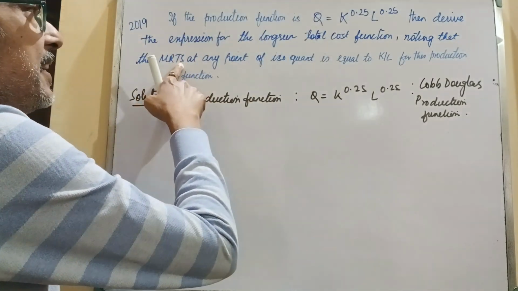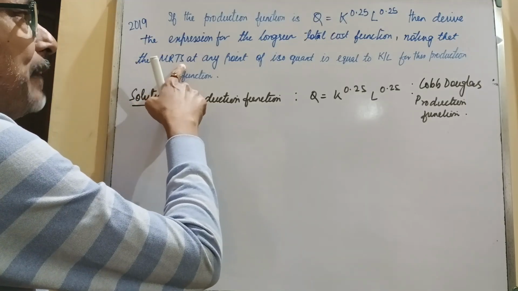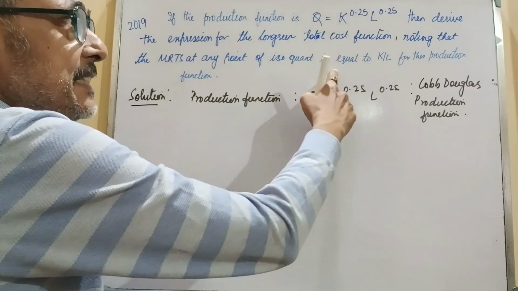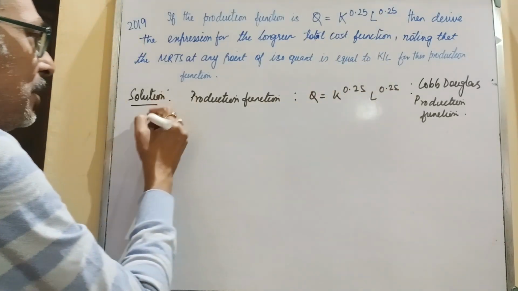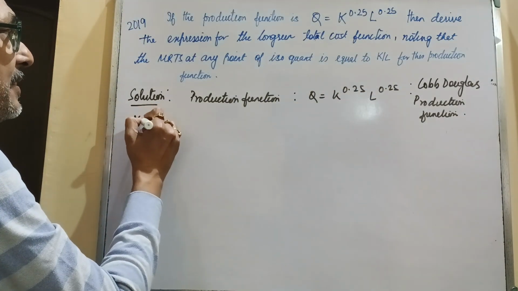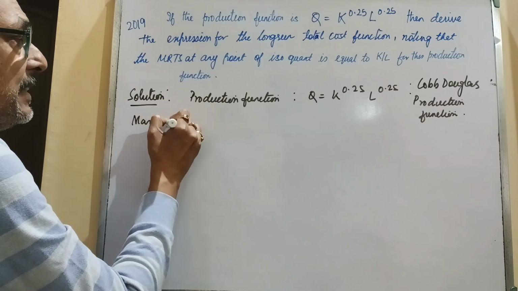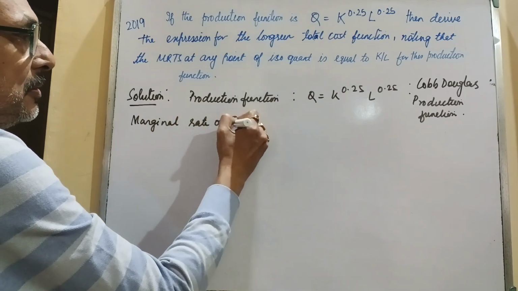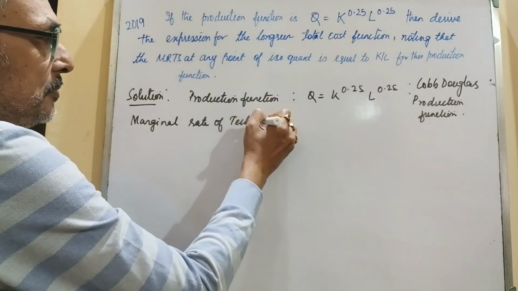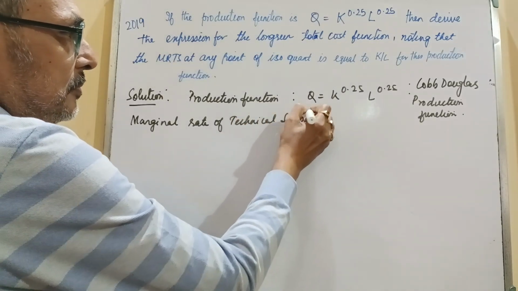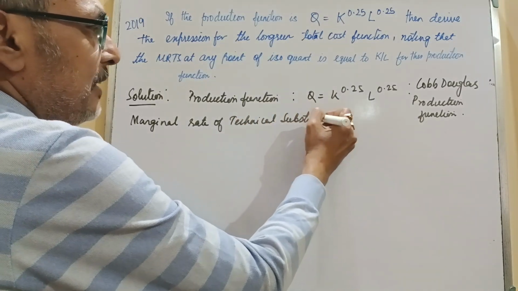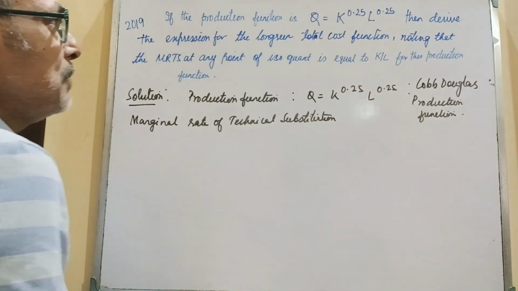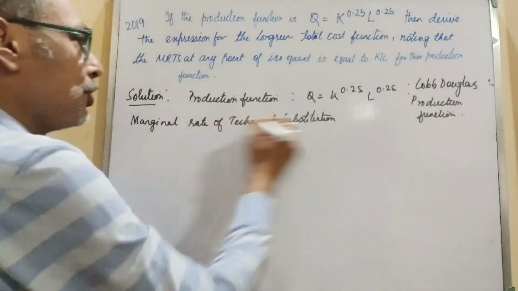Now, MRTS is the marginal rate of technical substitution. At any point of the isoquant it is equal to K by L. What is the marginal rate of technical substitution?